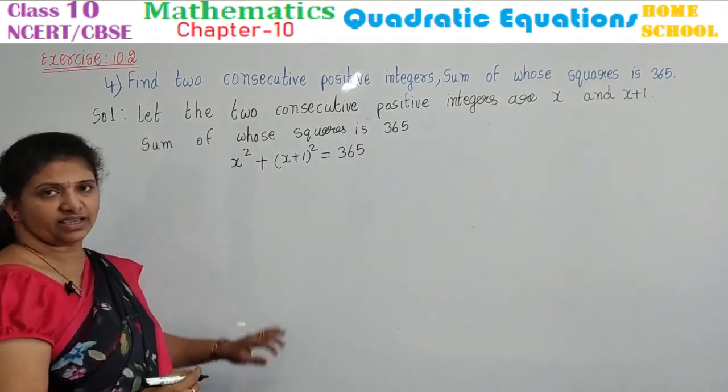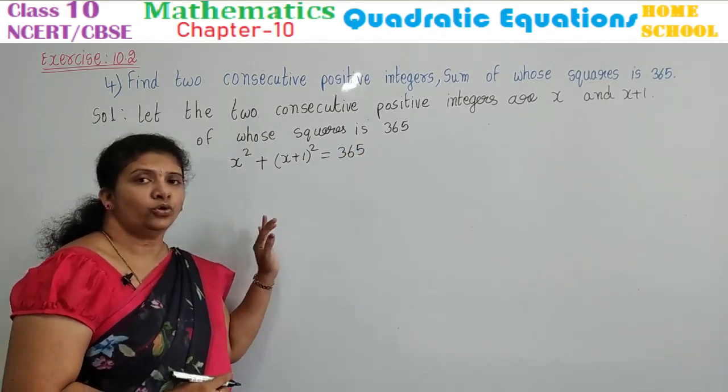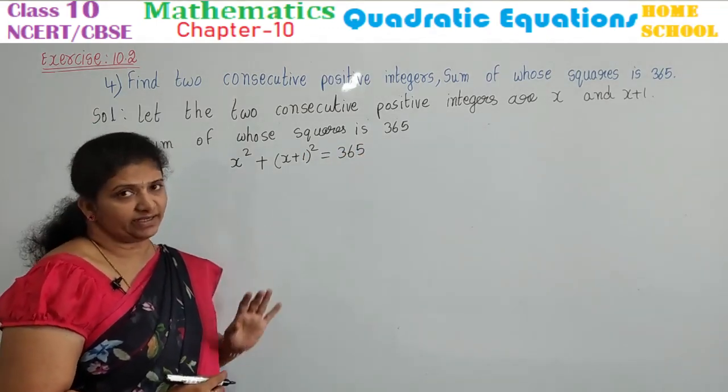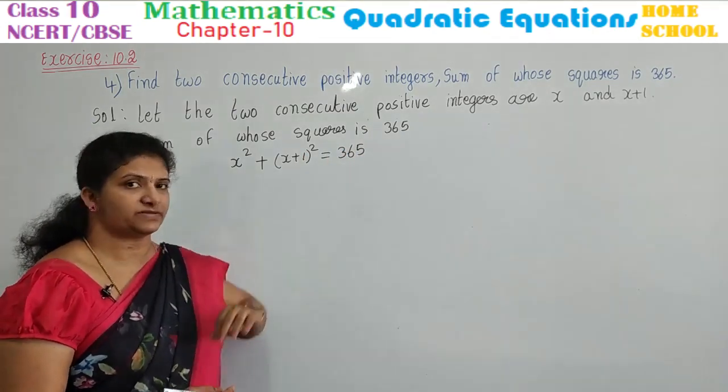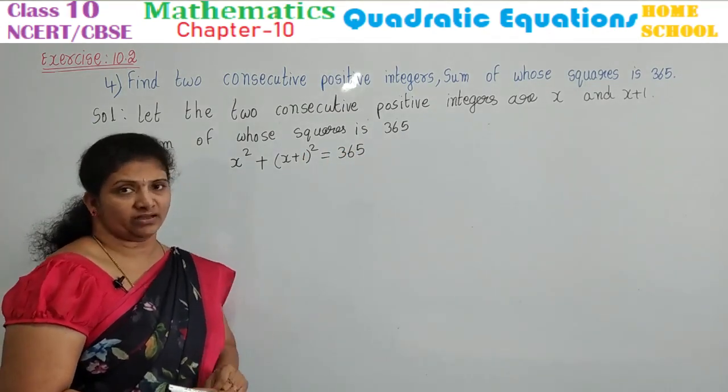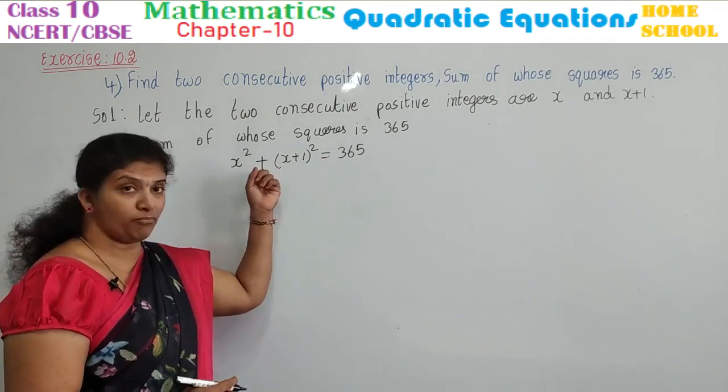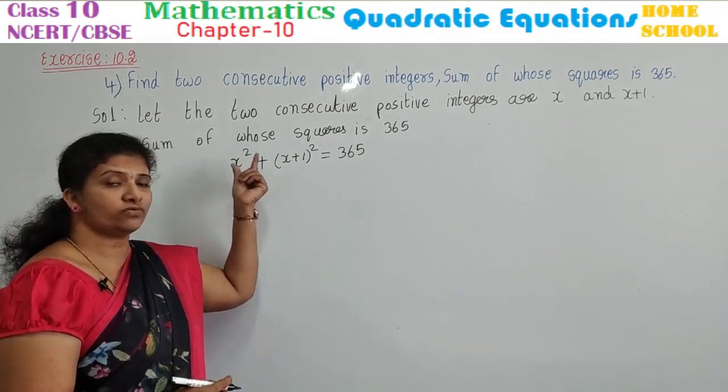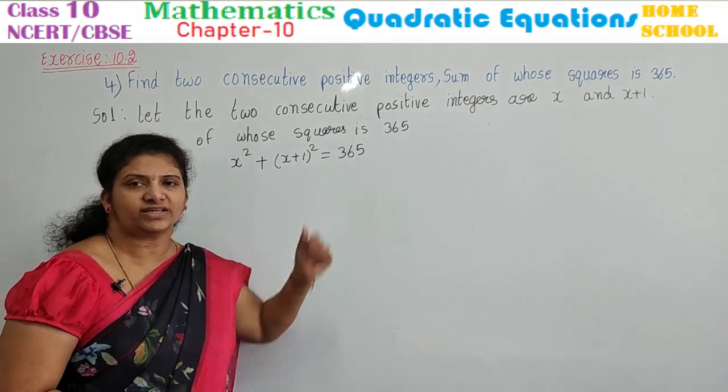I repeat once again, look here. Two consecutive positive integers, we have taken x and x plus 1. And your statement, sum of squares of those integers is equal to 365.